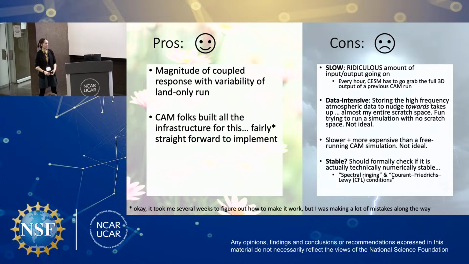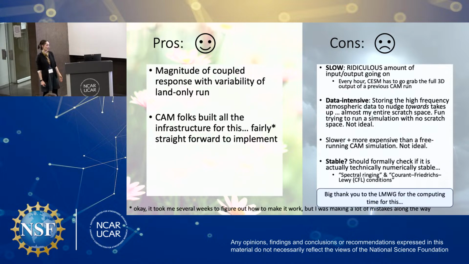You have to store the full 3D field of every hour of an atmospheric model so that you can read it. And again, these were 50-year runs, so that takes up basically my entire scratch space of the thing I'm trying to push towards. So it's hard to run a simulation when your entire scratch space is already full of the simulation you're trying to push it towards, so it's just not logistically ideal. So it's slower and more expensive than running CAM just on its own.